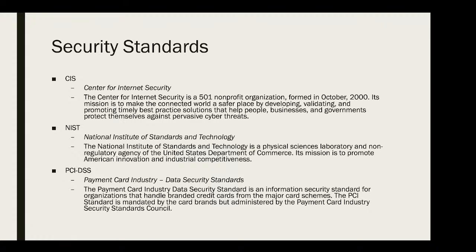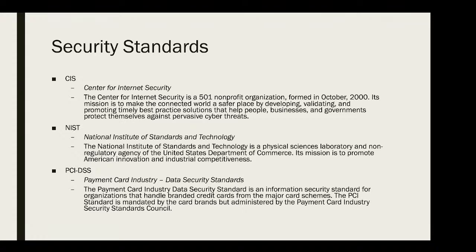And then the National Institute of Standards and Technology. It's a non-regulatory agency in the United States Department of Commerce. These standards are also used in many different situations depending on the organization you're working in. And when it comes to the payment card industry, PCI-DSS is the standard that is used highly.